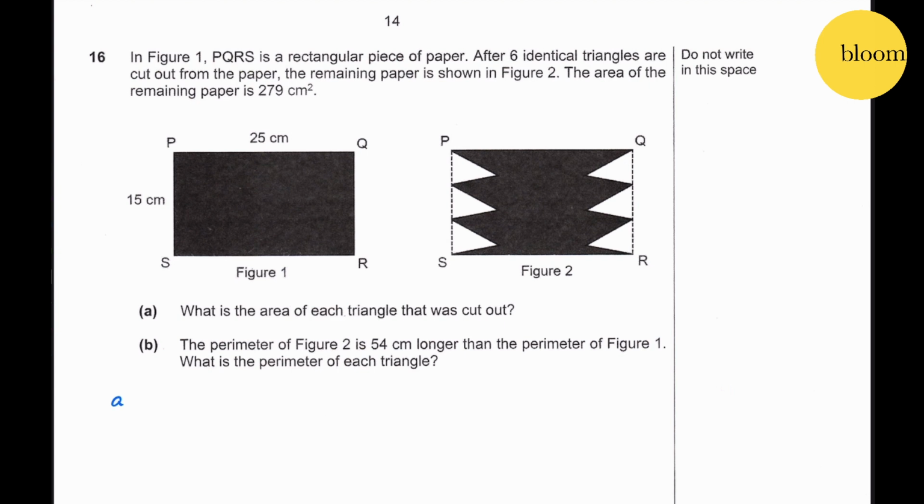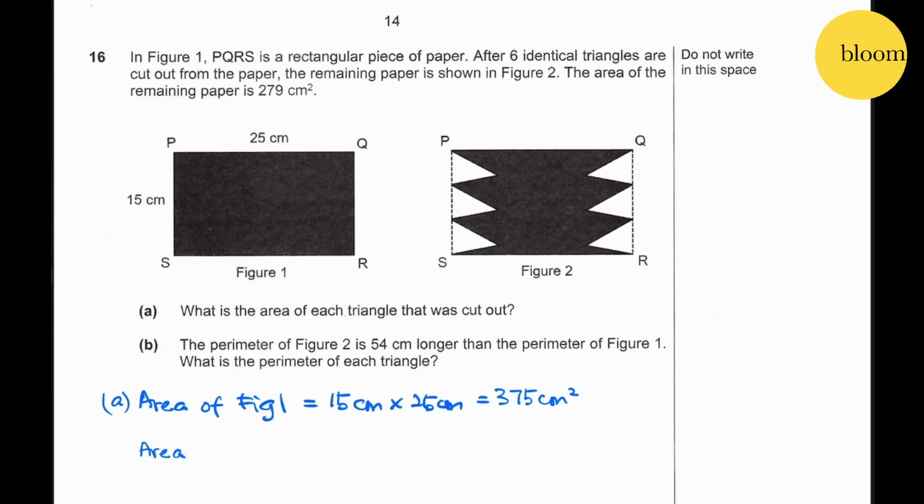Therefore, A. Area of figure 1 equals 15 cm multiplied by 25 cm equals 375 cm².